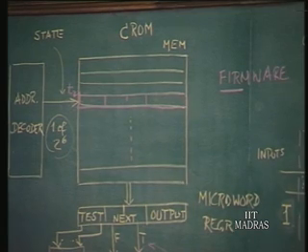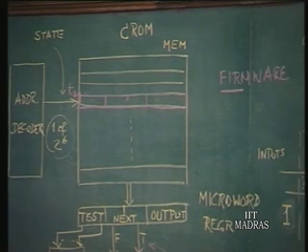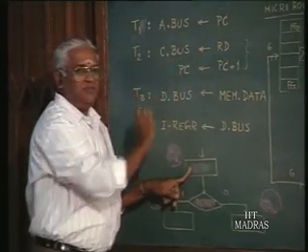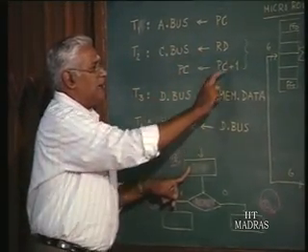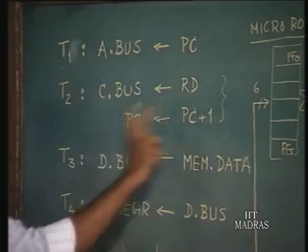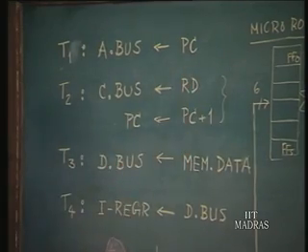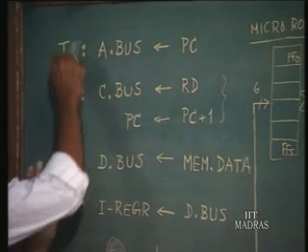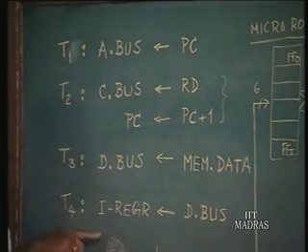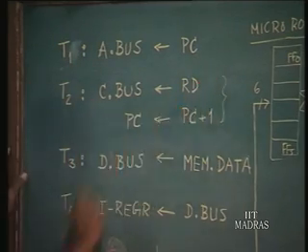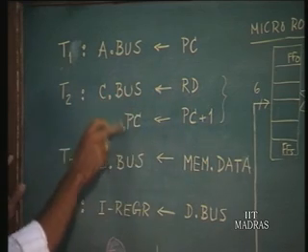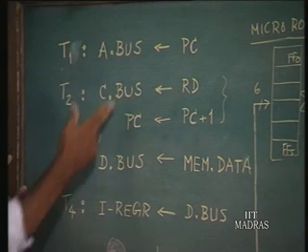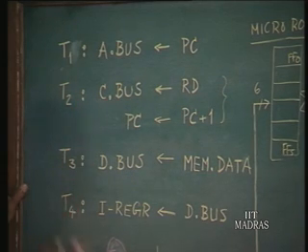For instance, in T2, the read control signal must be placed on the control bus, and the program counter contents must be incremented. These are in fact done in parallel because they go to different parts of the processor, whereas these others happen in sequence. So you can have these things implemented in parallel.